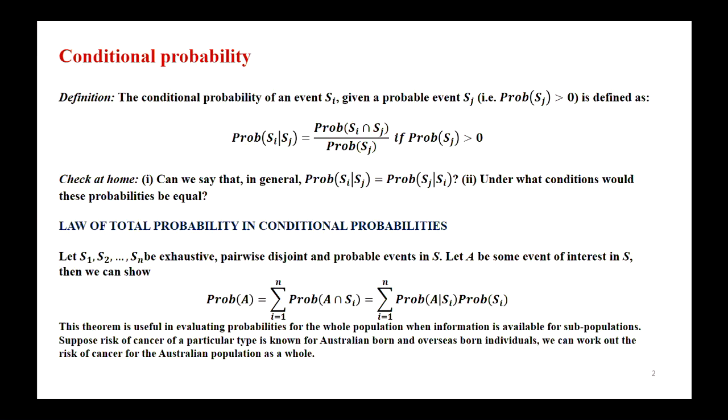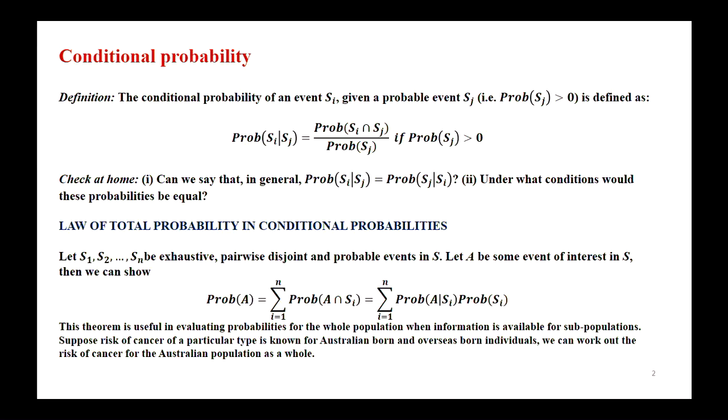Suppose we know the cancer risk for people born in Australia and people born overseas, and we know the proportion of people born in each. Then the probability of cancer is equal to the probability of cancer given born in Australia times the probability of born in Australia, plus the probability of cancer given born overseas times the probability of being born overseas. So if we have information on those two subpopulations and the proportion in each, we can construct the total probability of having cancer. That's why it tends to be useful in general.